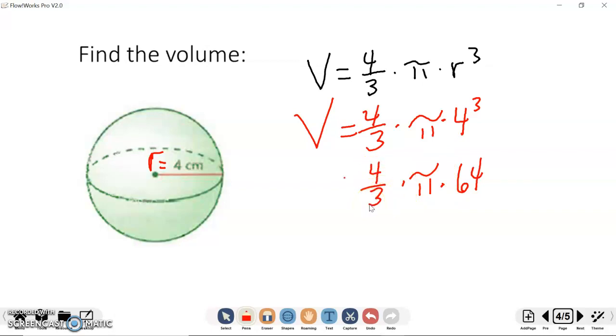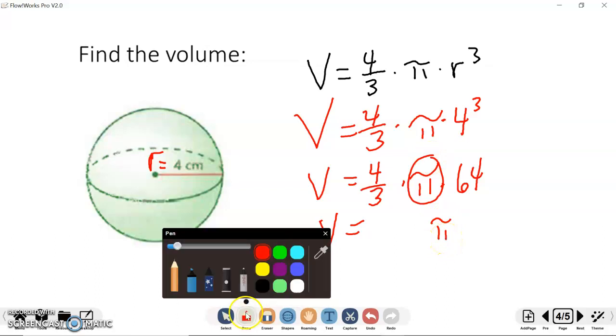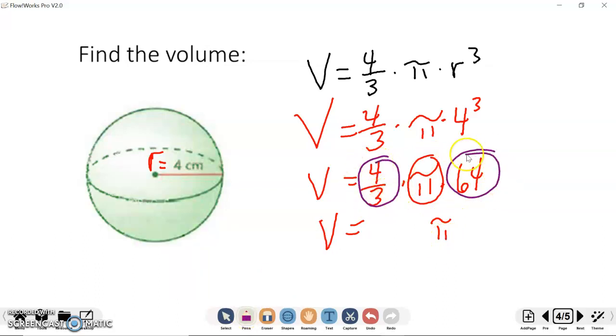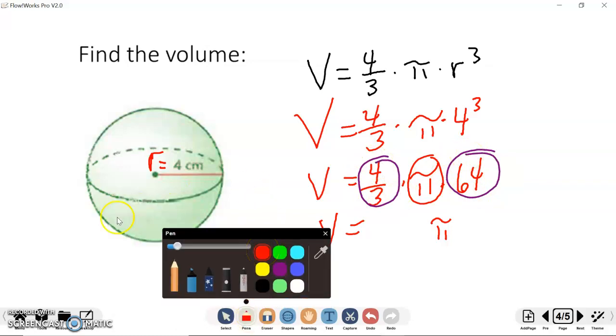Now, if we were solving this volume in terms of pi, then we would keep this pi out separate, and we would multiply then our 4/3 and our 64. So we'd want to do 4/3 times 64.